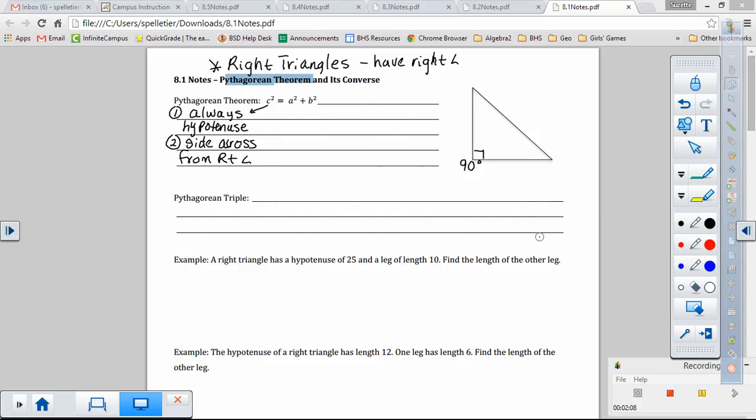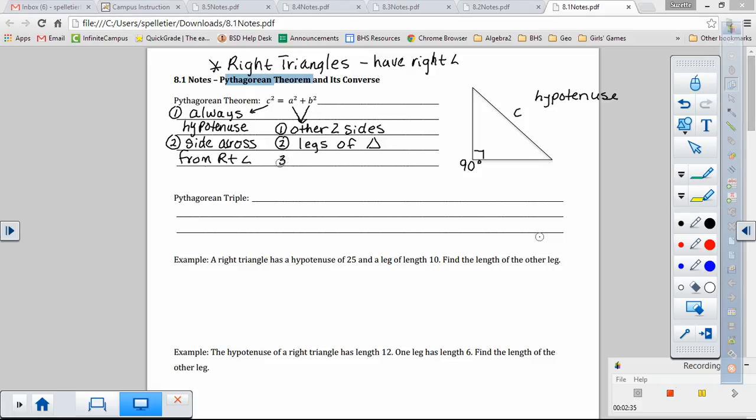So let's label our picture. c is this side, hypotenuse. Okay? a and b represent the other two sides. Okay? The other two sides. We call them the legs of the triangle.